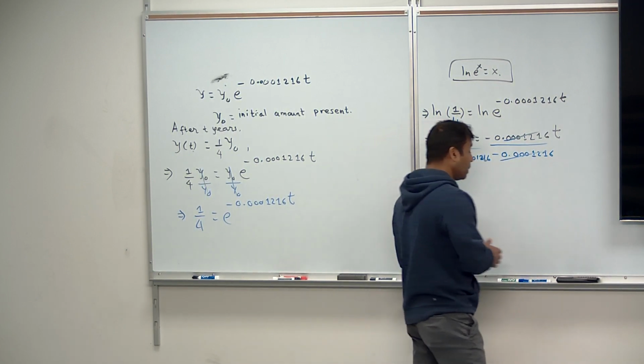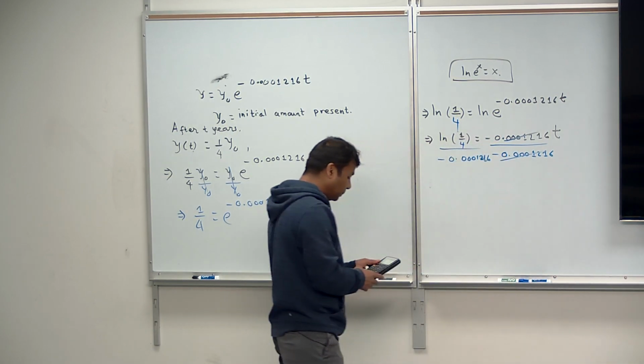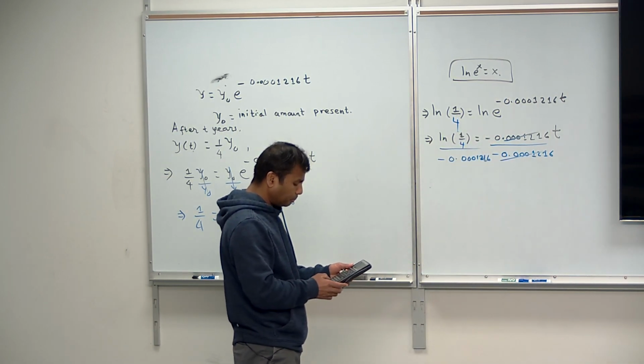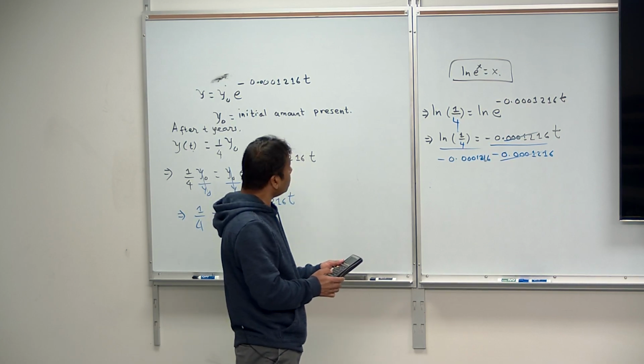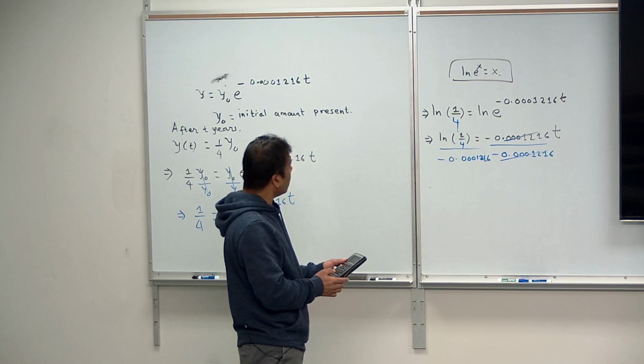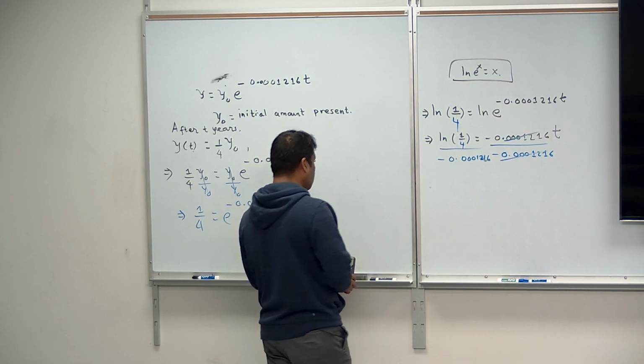So you have ln of 1/4 divided by negative 0.0001216.